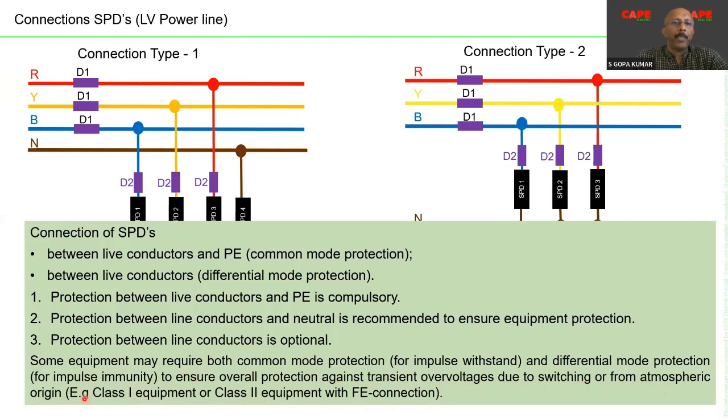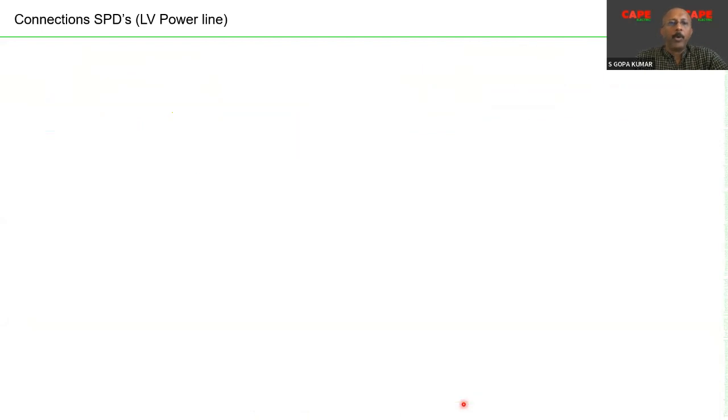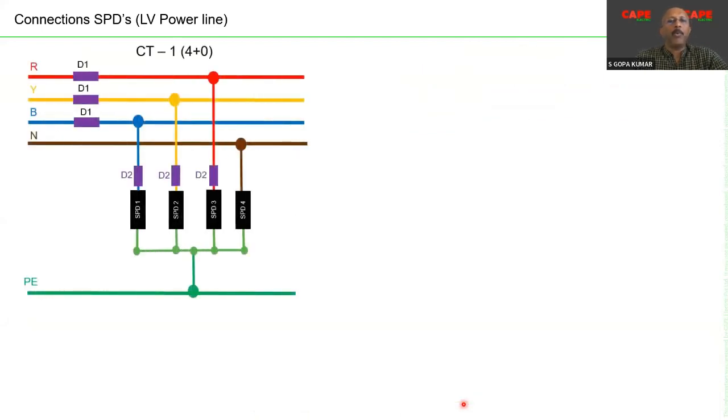For example, class 1 or class 2 equipment with FE connection. I'm sure most of you follow our programs regularly, so you know what class 1 equipment is, what class 2 equipment is, and what FE, functional earthing, is. For sensitive electronics, either class 1 or class 2, sometimes you require both common mode and differential mode protection.